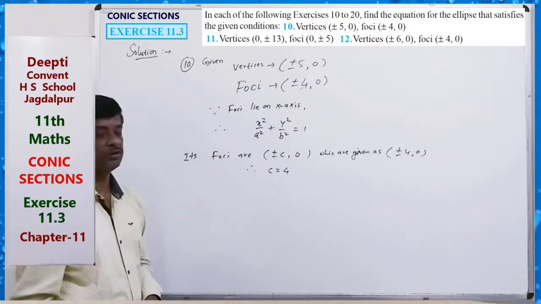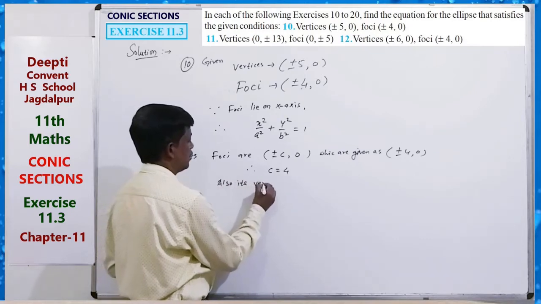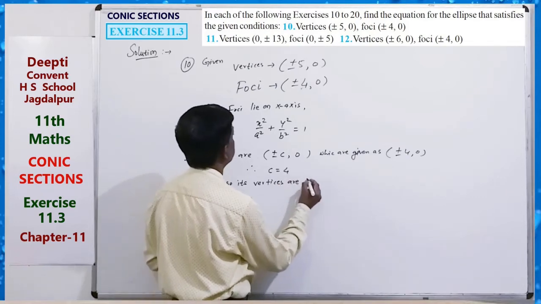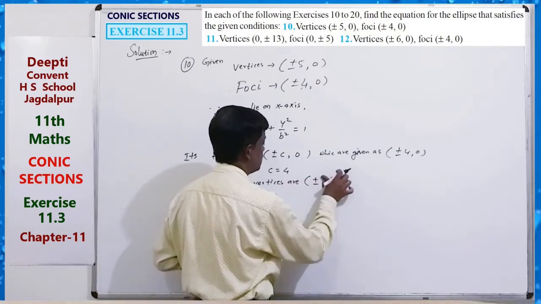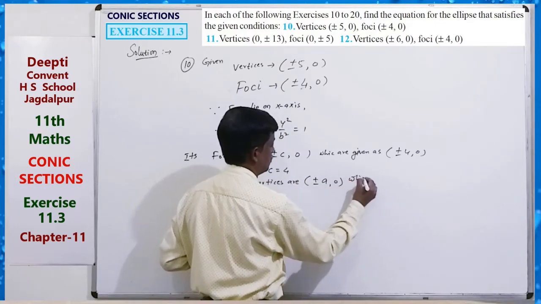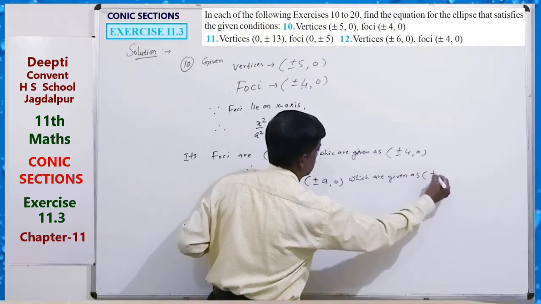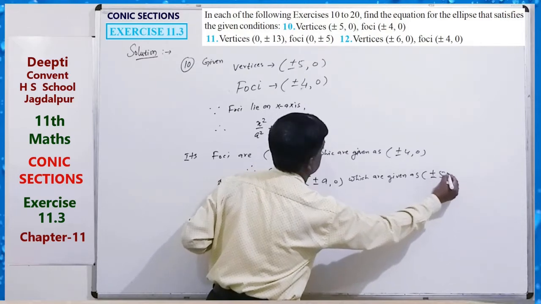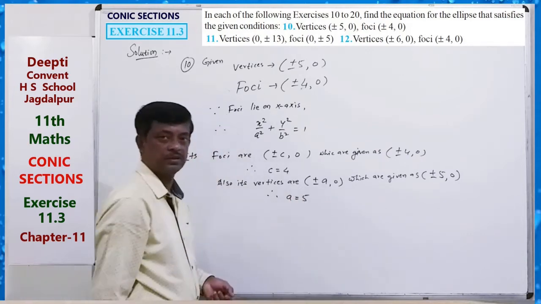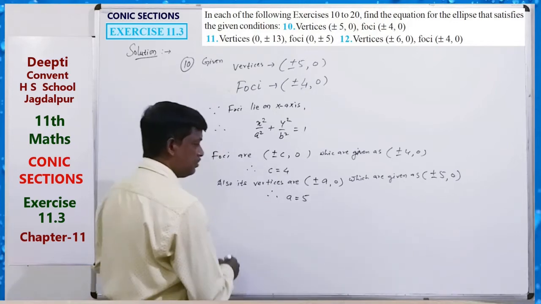Also, its vertices are plus minus a, 0, which are given as plus minus 5, 0. Therefore, a equals to 5. So c equals to 4, a equals to 5.